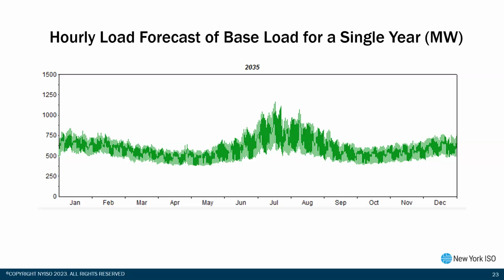It's very similar to the base load characteristics that we are all familiar with in the Northeast these days. Summer peaking, and winter peaking is a lot less. This is for one particular zone in the New York area.